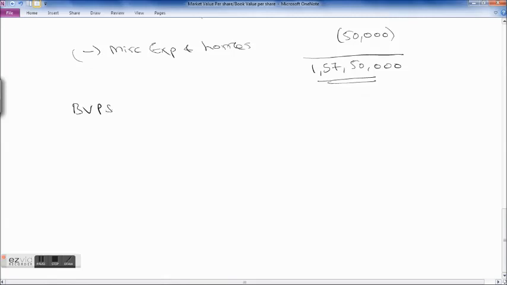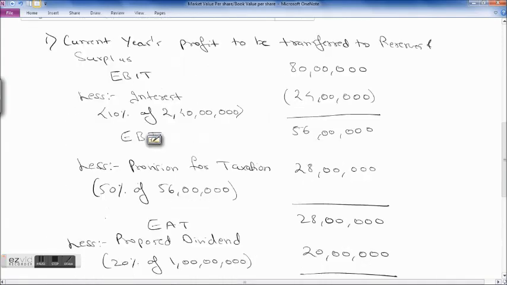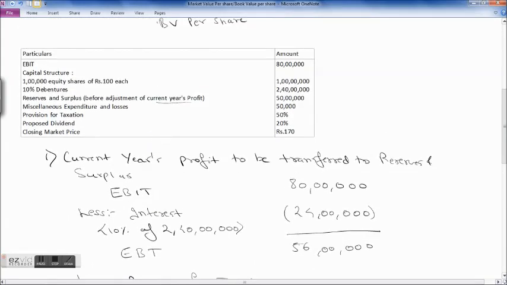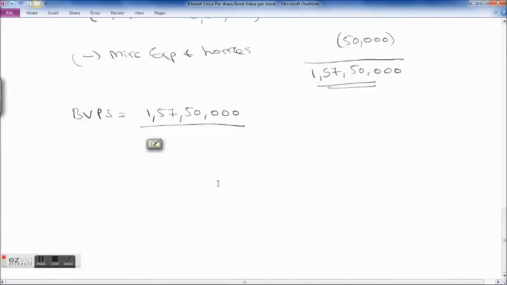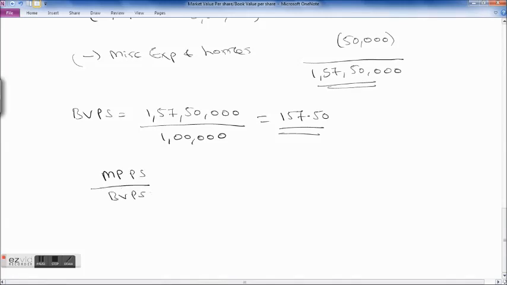Book value per share is equal to your total book value divided by how many shares are outstanding? 1 lakh equity shares of rupees 100, so divided by 1 lakh. That comes to 157.50.